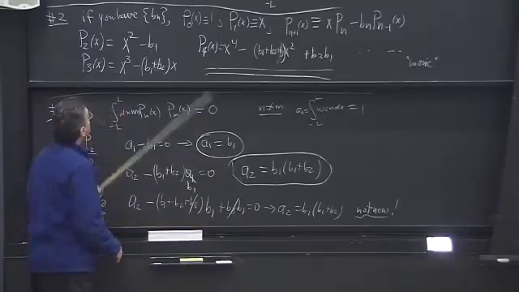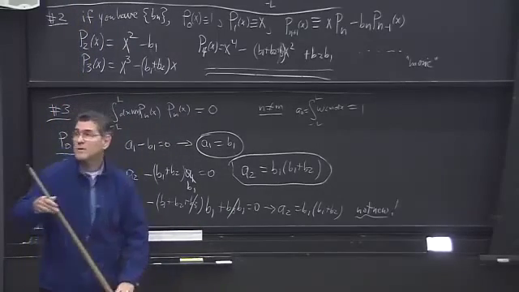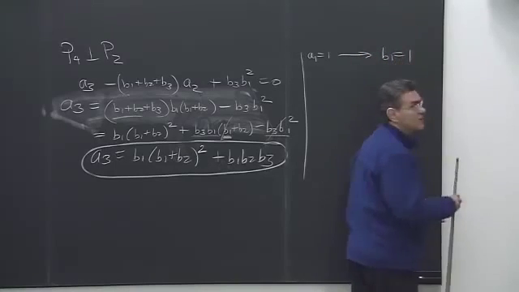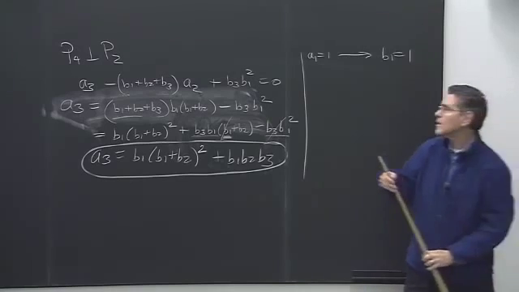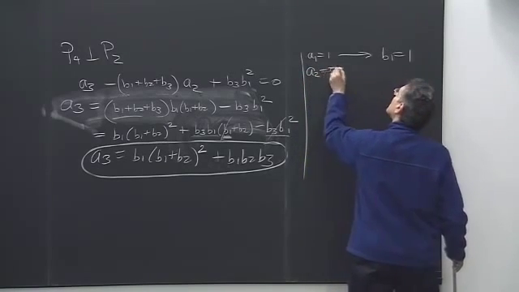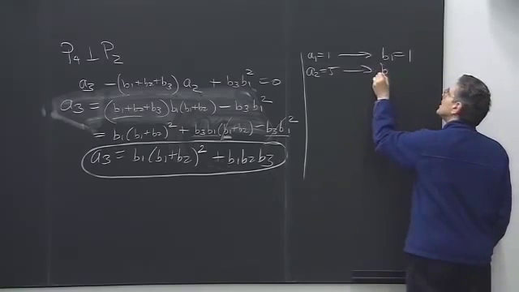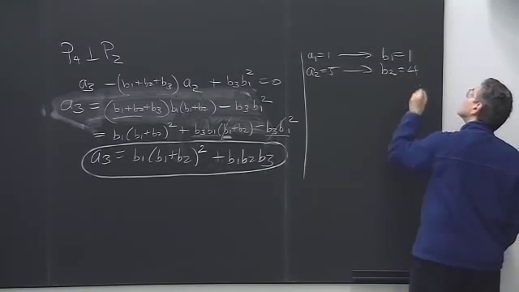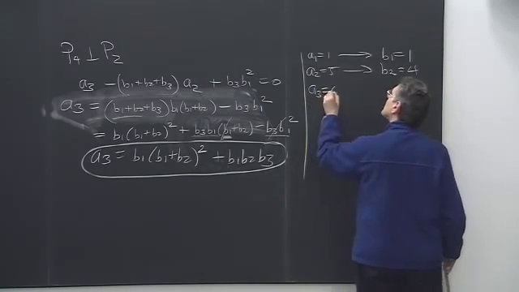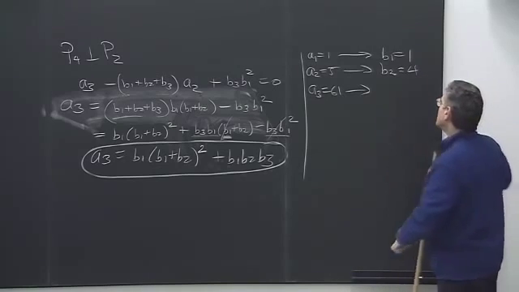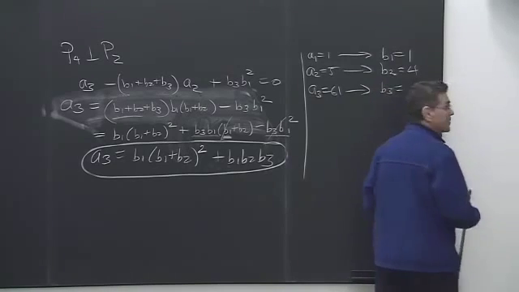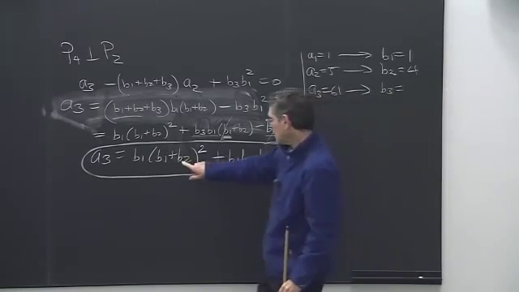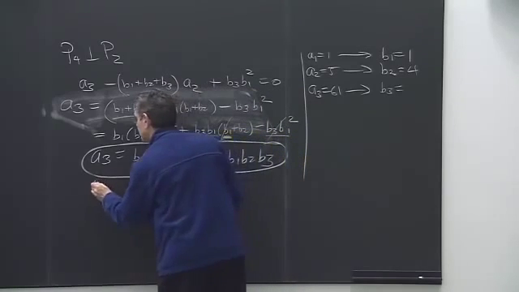Okay? So, first of all, A1 is 1. So if A1 equals 1, that tells me that B1 is 1. That comes from this equation. And if A2 is 5, that tells me that B2 is what? 4. Okay, good. And if A3 is 61, that tells me that B3 is, okay, this guy here is 61.